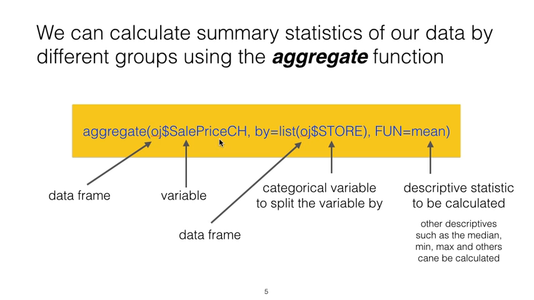So again, you can do the sales price of Citrus Hill by store, and I want the mean. You can also put here ST for standard deviation, min, max, median, different things. And we'll explore what the output looks like in the R component video.